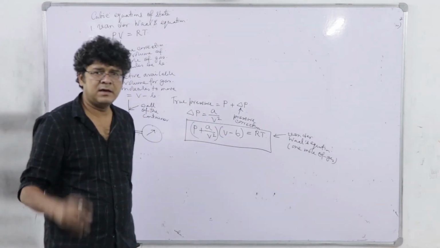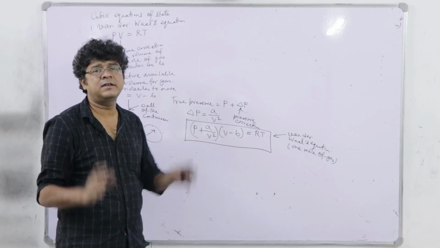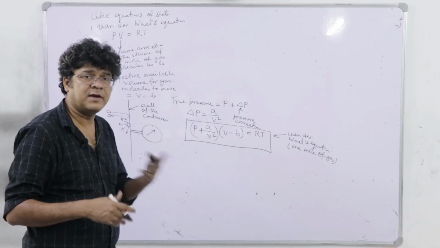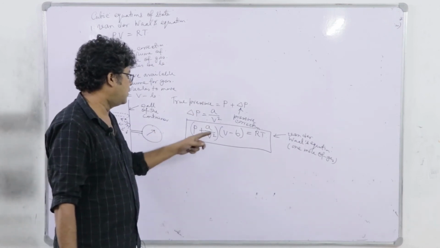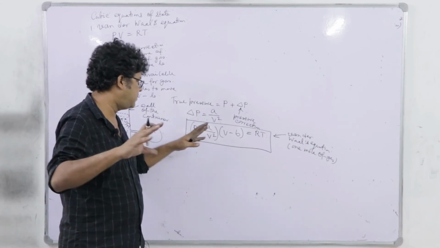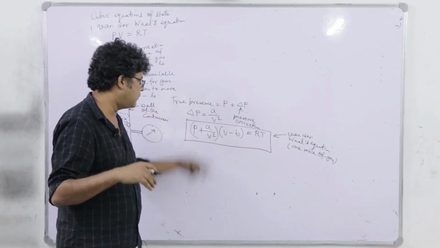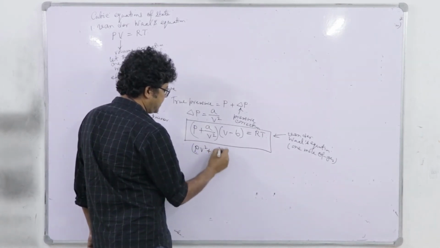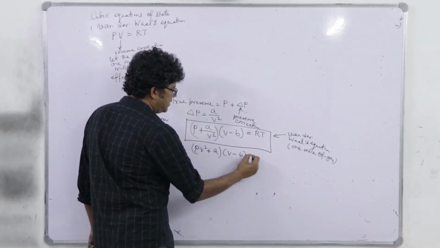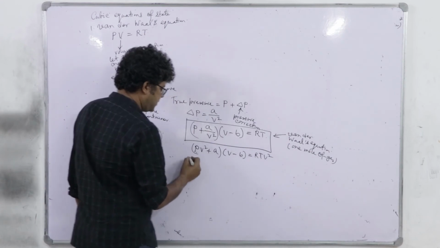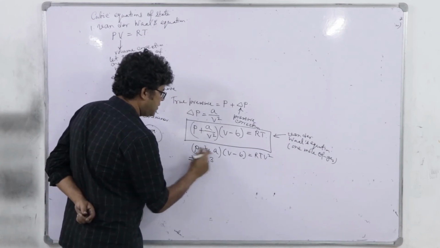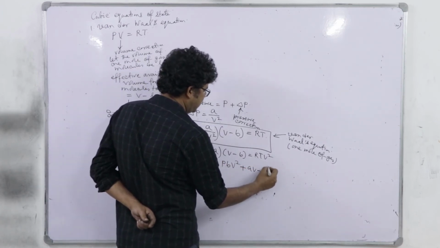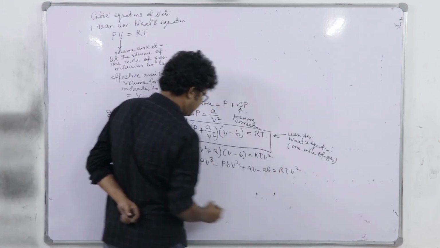Now, this A and B are constants, right, specific to that gas chemically. For oxygen, A and B will be different from that of nitrogen. So, this equation is a cubic equation when arranged in terms of V. You can understand that P plus A by V square into V minus B is equal to RT, so PV cube minus PBV square plus AV minus AB is equal to RTV square.